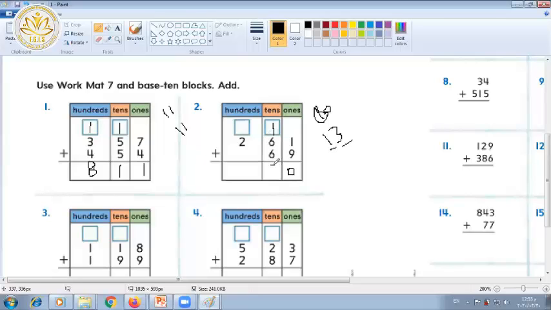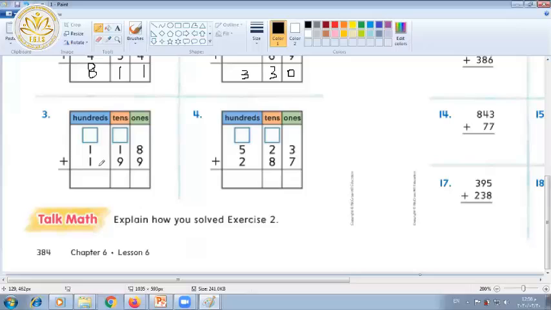So we put the 3 tens in here, and the 10 tens will make 100. 100 plus 200 equals 300. So the sum I have is 330. Let's go to number 3.